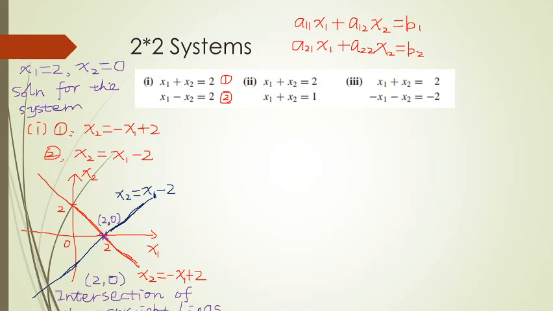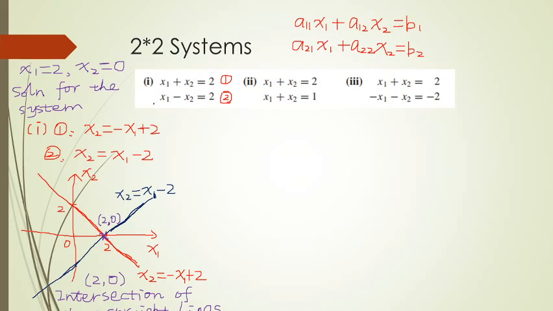So actually it's the same thing, okay? The intersection of those two straight lines means this point satisfies the two straight lines simultaneously. What do those two straight lines mean? Those two straight lines are the two linear equations, right?